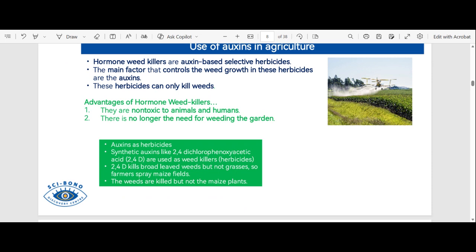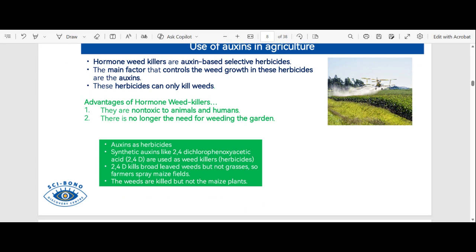Imagine if a farmer sprays chemicals on plants. Those chemicals will later affect our health. But if they're using hormone weed killers, they are not toxic to animals or humans, because they will eventually sell their produce to humans.